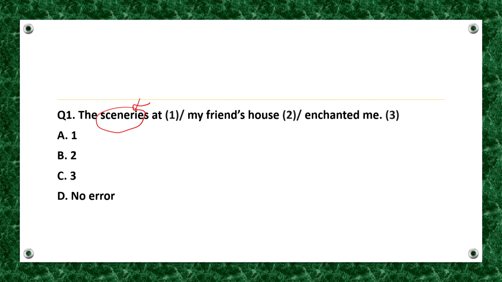For example, abuse, information, furniture, gossip, poetry, scenery and so on. Hence, we will replace sceneries with scenery. Thus, option A is the right answer. So the correct sentence should be, the scenery at my friend's house enchanted me.